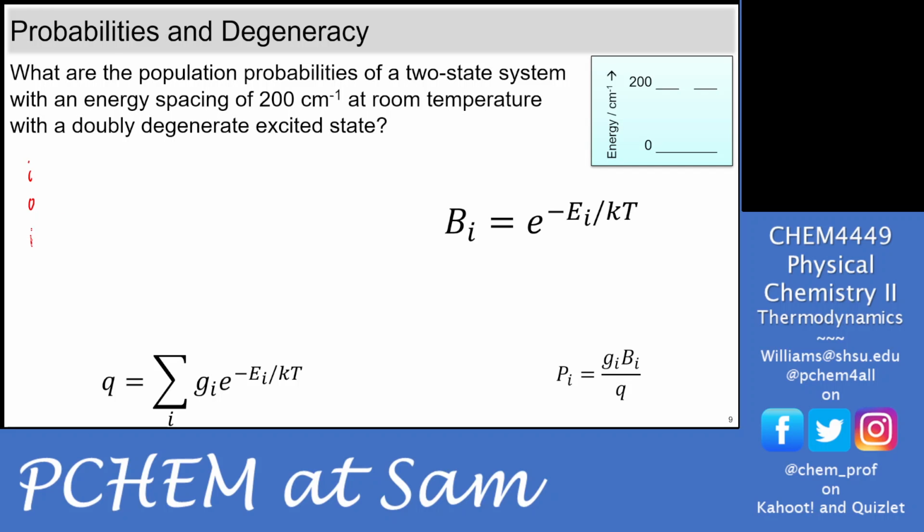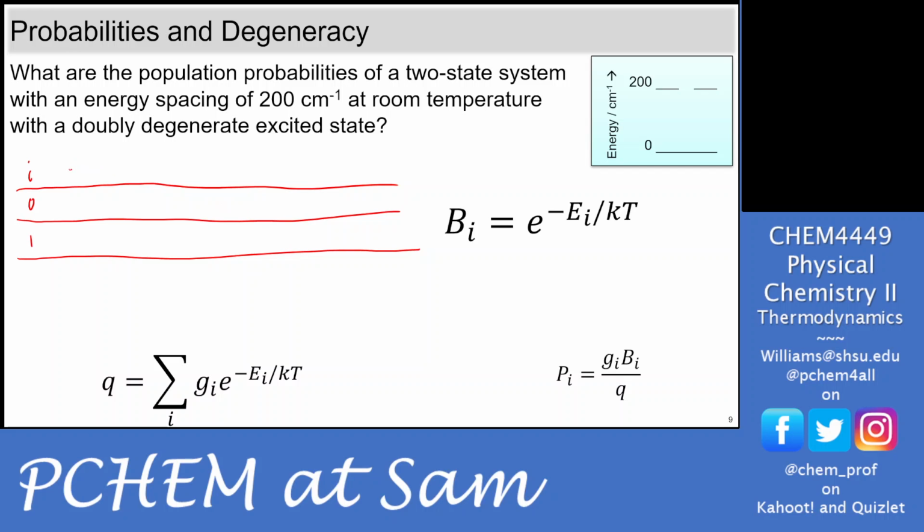The only thing that changes in this whole table, at least in the inputs, are the degeneracy factors. So here now we have g_i is 1 for the ground state and 2 for the excited state.